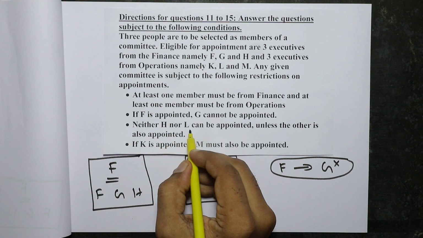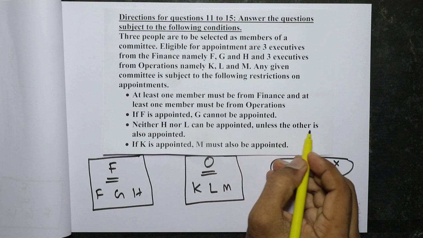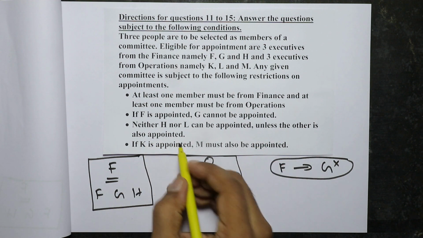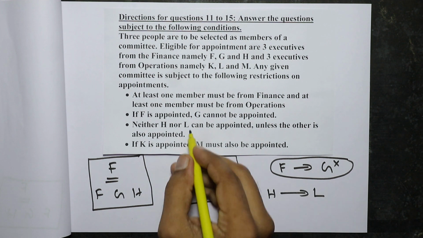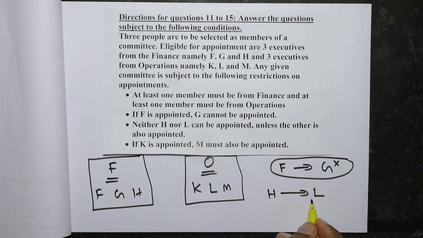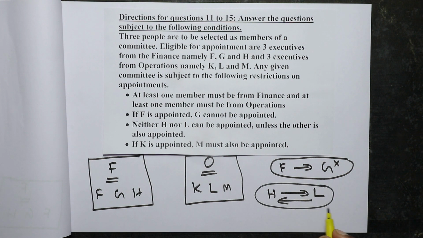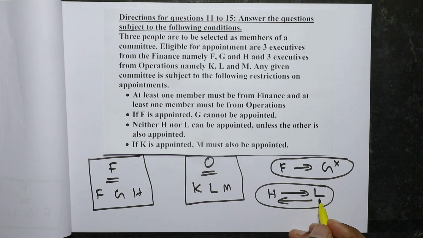Neither H nor L can be appointed unless the other is also appointed. So if you are appointing H, then compulsorily L should be there. Similarly, if L is there, then H should be there. It is possible that neither H nor L is appointed.